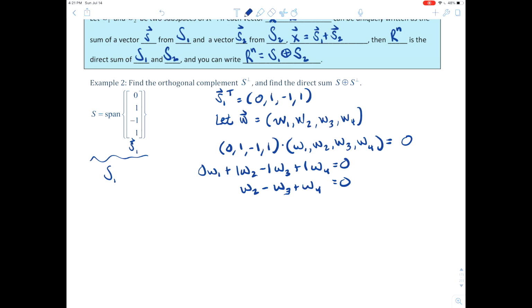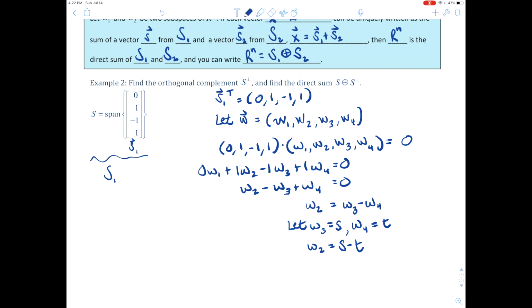Because we'll be able to parameterize. So if I isolate W2, I'll end up with W3 minus W4. And if we let W3 equal to S and W4 equal to T, what else is going to be happening? Well, we know that W2 would then equal S minus T.